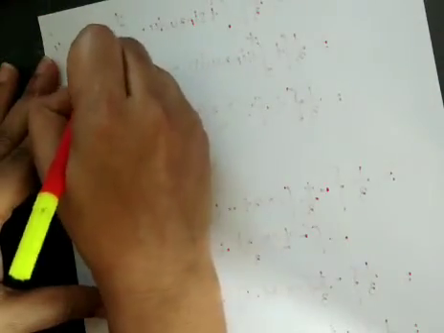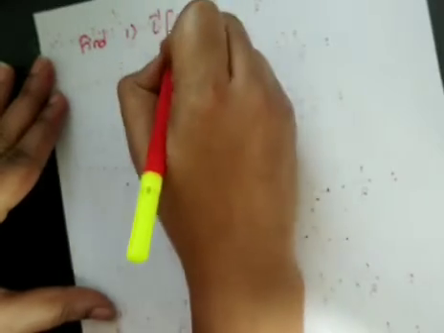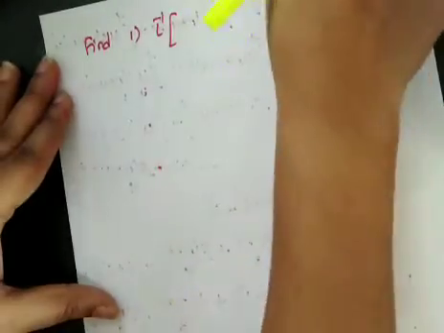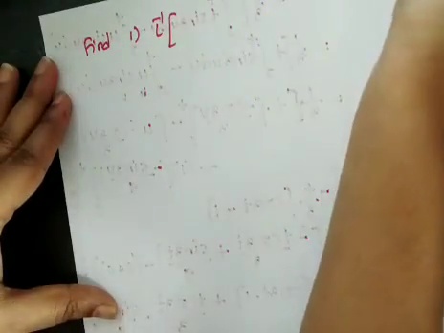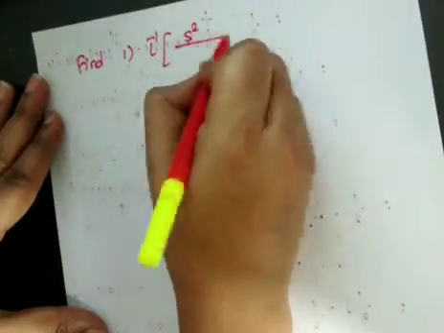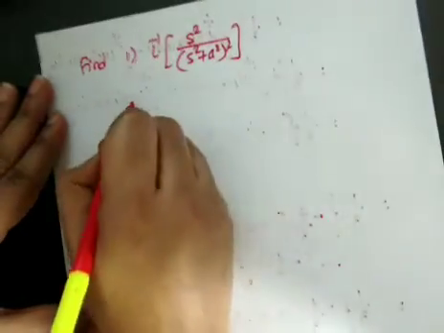There are some exercises for you, so try to solve them. Find the Laplace inverse of s square upon (s square plus a square) whole square.